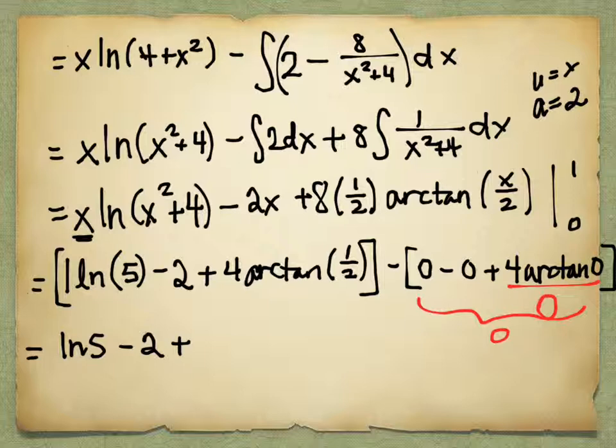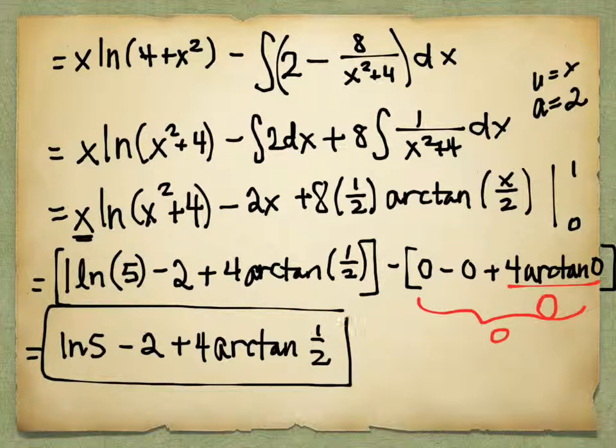So the gist of this is none of these actually match up to arctangent of 1/2, do they? So I don't have a unit circle value, which means I actually get to leave this one as is. This is for arctangent of 1/2. And this is the exact solution.